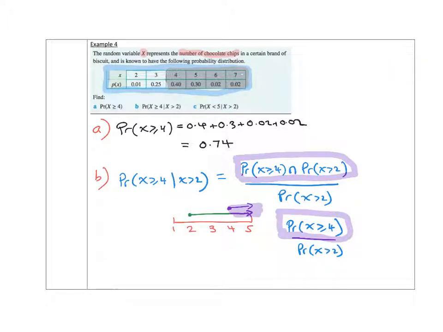Well, we know what the probability of x being greater than or equal to 4 is. We had that above as 0.74. Greater than 2 is everything but 2. So if I look at my table here, we want everything that isn't this 0.01 or this x equals 2. So we know it's 0.99.